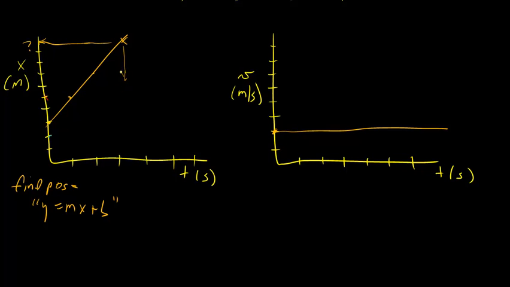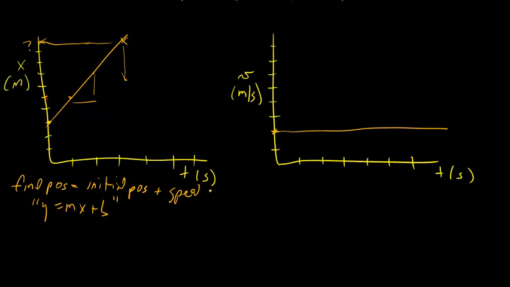So x is time here, and in y equals mx plus b, the b is the intercept, so that's actually the initial position. So we have the initial position plus m, which is the slope, which we already found is the rise over run, and that's given by the speed, and then we have times time.